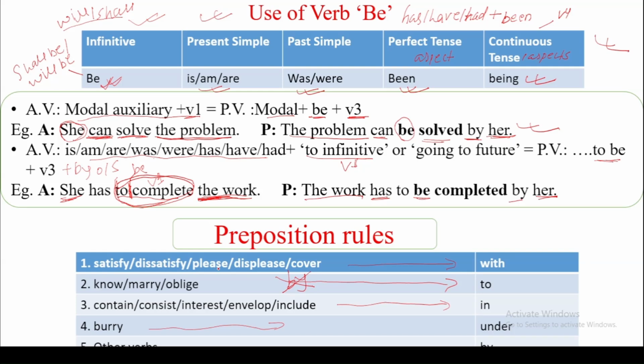So with these verbs we cannot use by. This will be wrong. Out of these verbs we can use by in general, but with these verbs we have to use these respective prepositions. So this is a rule regarding prepositions.